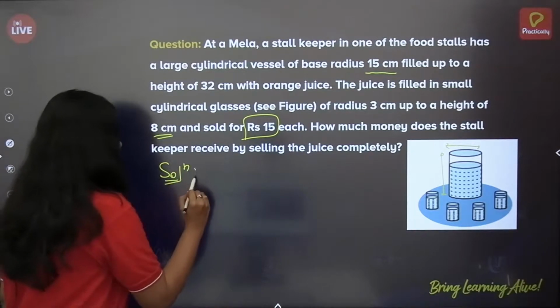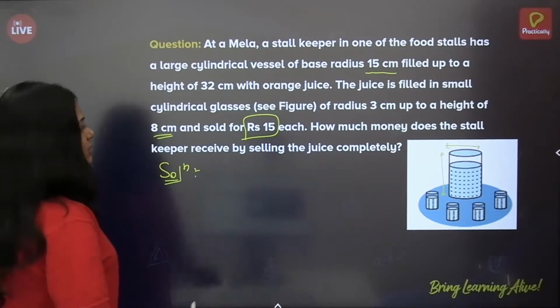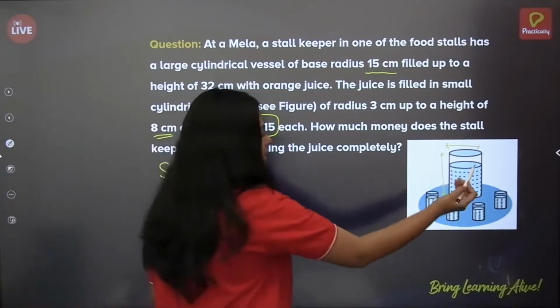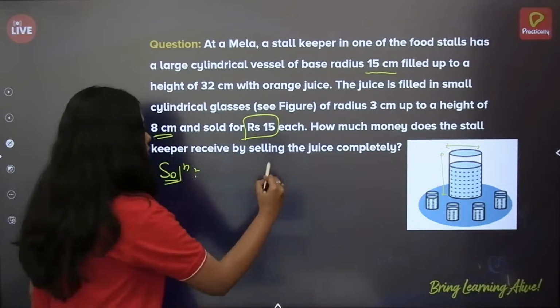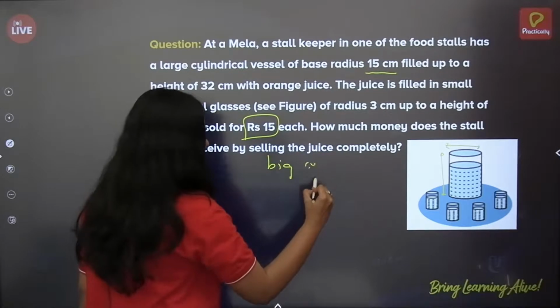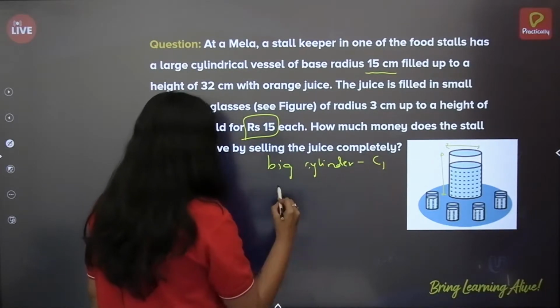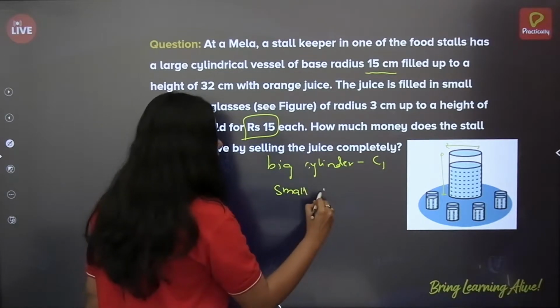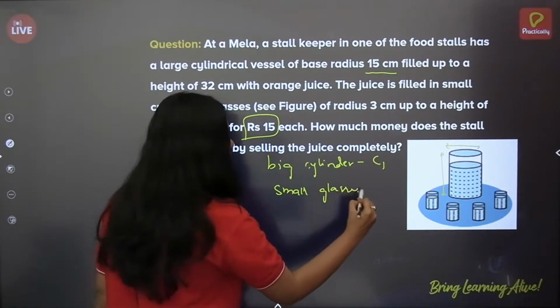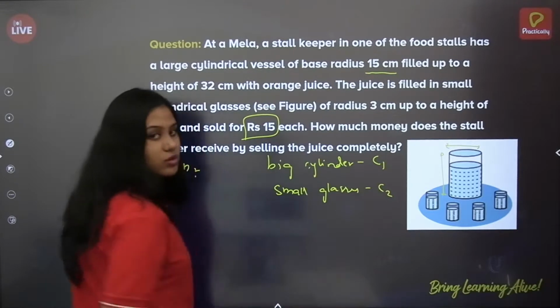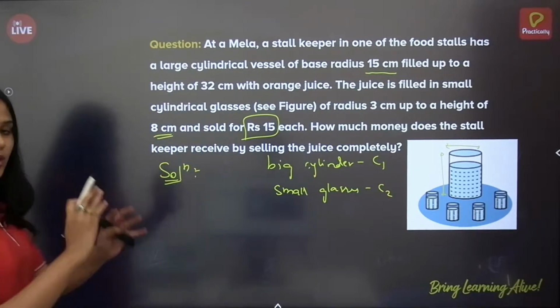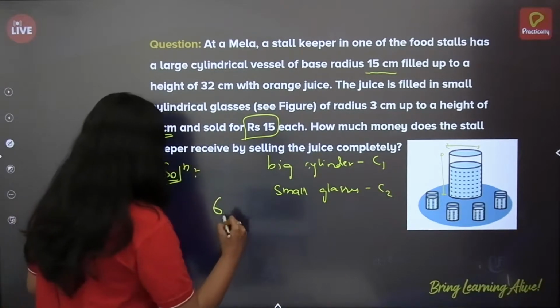Okay. So I'll be considering the big cylinder as C1, and the small cylinders, that is small glasses, as cylinder 2, to avoid confusion. Now let us write what is given.